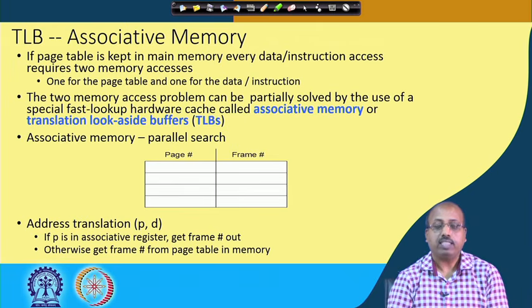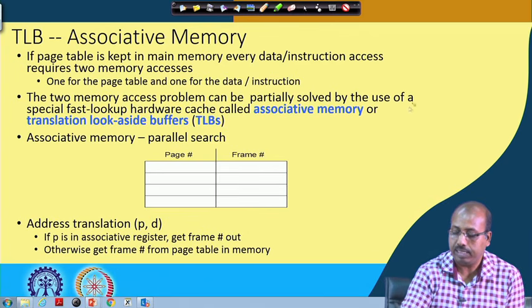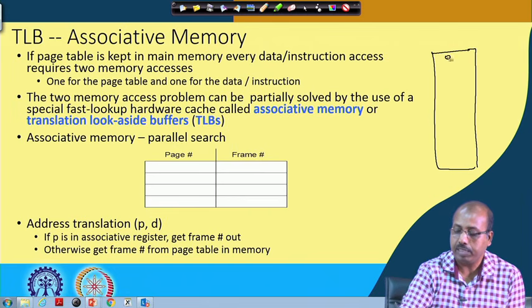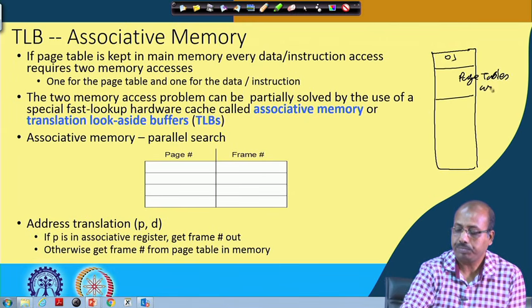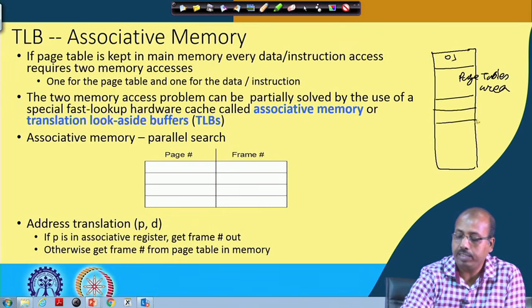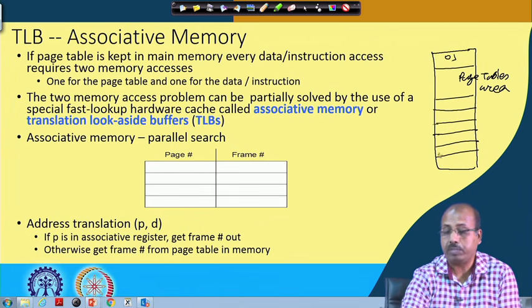So, what is done is that you can think of the whole memory as divided into two parts. In one part of the memory, along with the OS, we have some portion where all the page tables are kept. This is the page table area, and then we have the remaining part, which is actually divided into frames, and the processes are going to be allocated space from it.